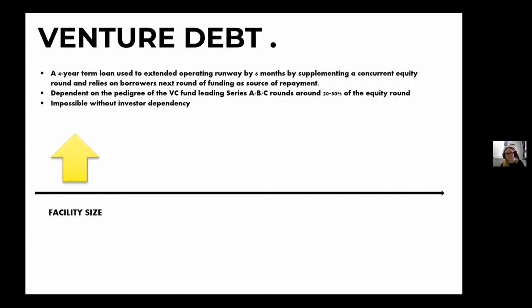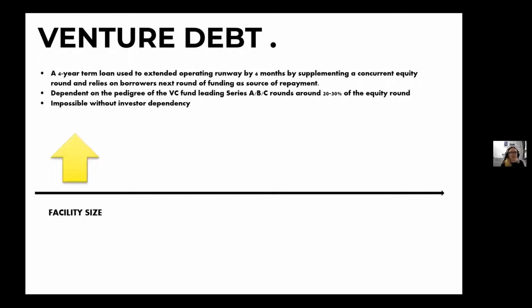So if you're raising £5 million at Series A, it's about a maximum of 1.5 million. If you're raising 10 million, it's a maximum of 3 million. If you're raising a 20 million Series B, then naturally that will be somewhere around 6 million.